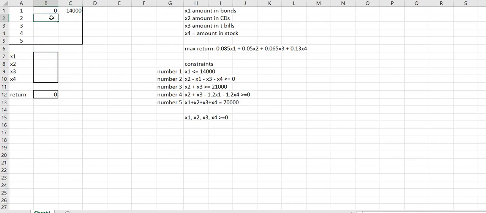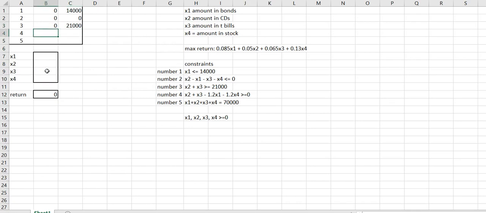Number 2 equals X2, which is B8, minus X1 minus X3 minus X4. Okay, that's less than or equal to 0. Constraint number 3 equals X2 plus X3. That's more than 21,000.